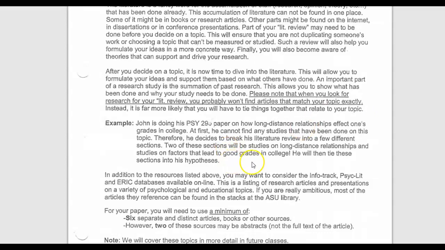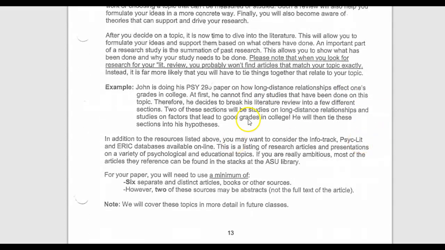And that's exactly what this example is. Long-distance relationships and grades. Well, what do you mean by long-distance relationship? You might need to define exactly what that means, and then look up things on dating in general. It doesn't have to be exactly long-distance relationships. Your literature review can be things that are close to your topic, but not exactly what you are doing.